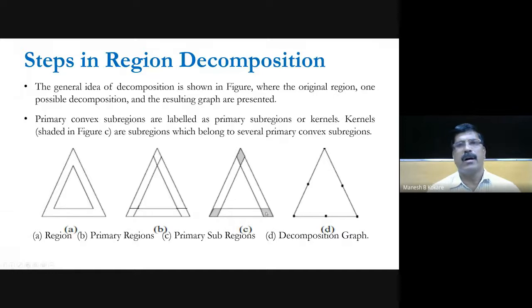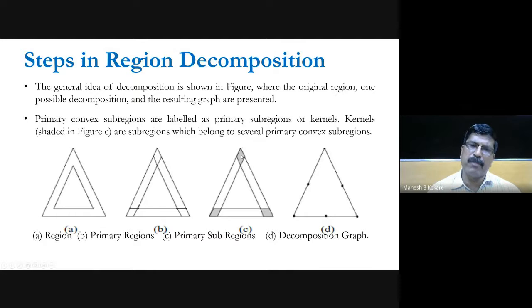Primary convex subregions are labeled as the primary subregions or kernel. These are considered as a kernel, which are shaded in this figure C, and are subregions which belong to several primary convex subregions. From that we have formed the graph.